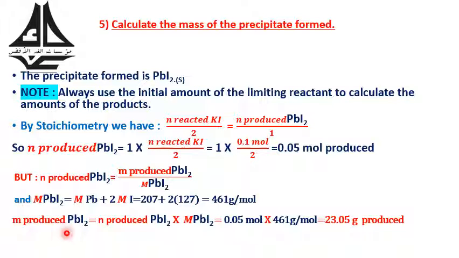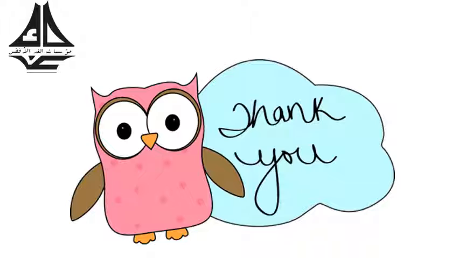So the mass produced of PbI2 equals number of mole produced of PbI2 times the molar mass of PbI2, equals 0.05 mole, which we have found by stoichiometry by using the limiting reactant and the ratio, times its molar mass, which is 461 grams per mole. It's equal to 23.05 grams. Okay? Thank you for watching my presentation.